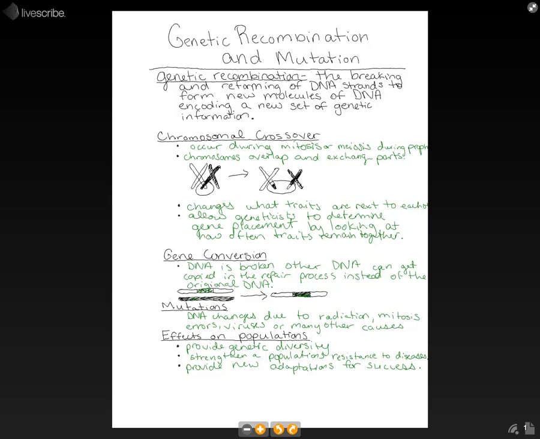So these are different ways that genetic recombination and mutation affects populations and some different types of those recombinations.